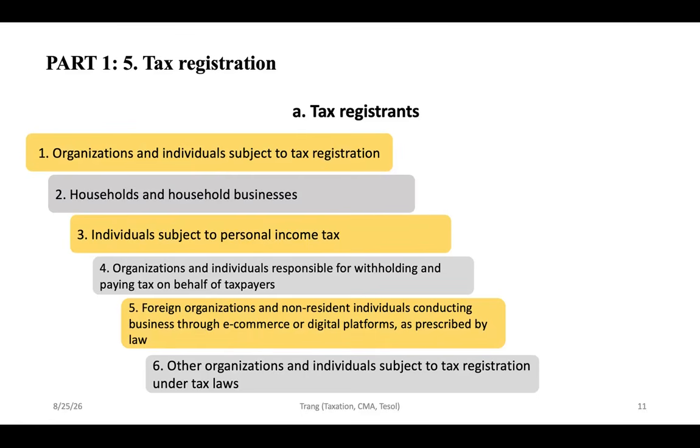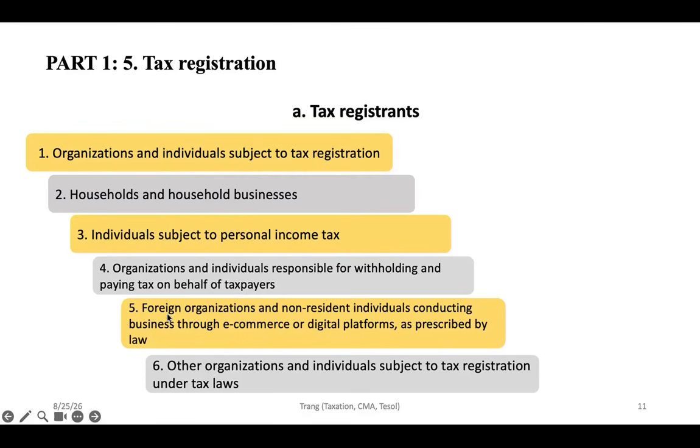A classic example here is an employer. The company acts as an agent that withholds PIT from your salary and pays it directly to the tax office on your behalf. They must register for this specific withholding tax code.